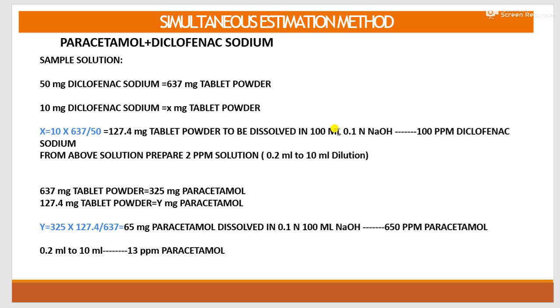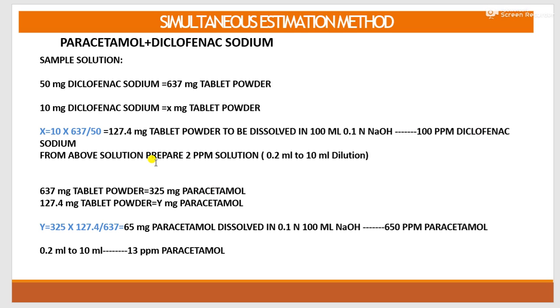A small volume of 0.1 normal NaOH is added. The solution is sonicated for 5 minutes. Then the solution is diluted up to the 100 ml mark with 0.1 normal NaOH. Again, sonication is done to ensure complete dissolution of the drug into the solvent.